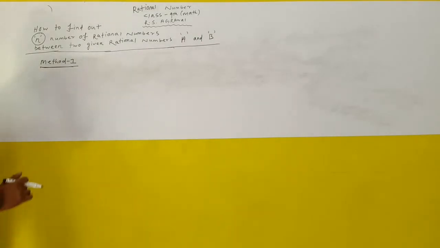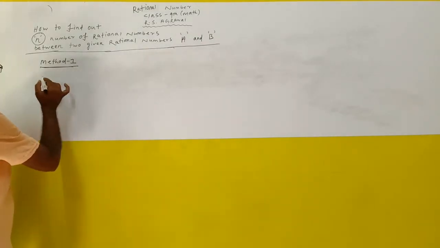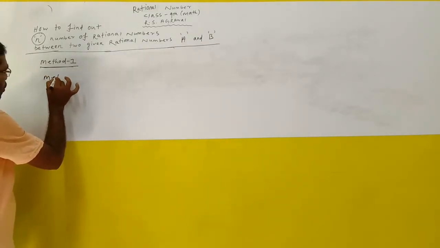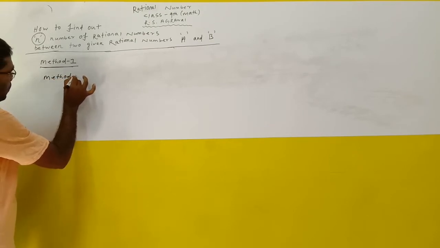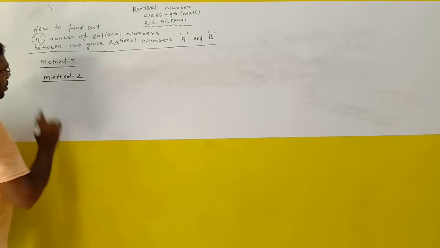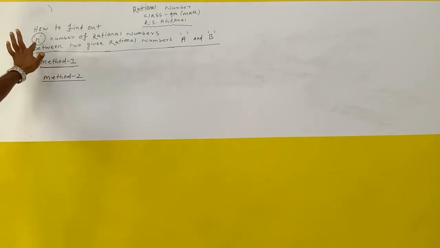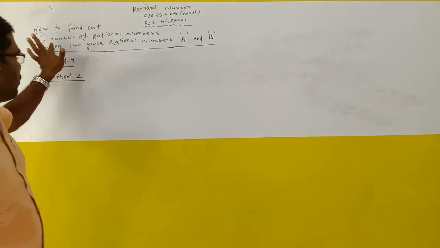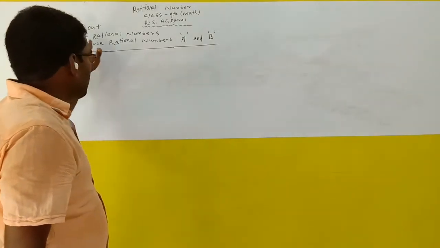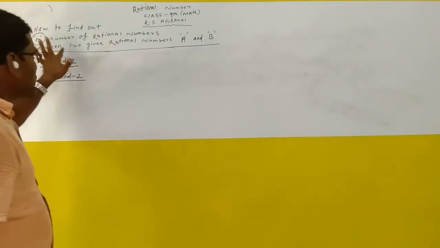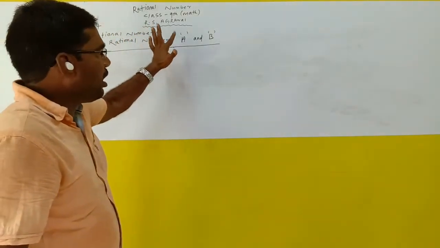But today we will discuss method 2, to solve such type of problems, that is to find n number of rational numbers between two given rational numbers a and b.